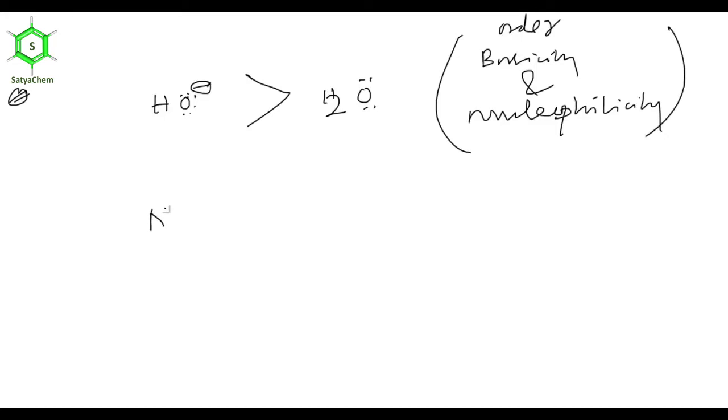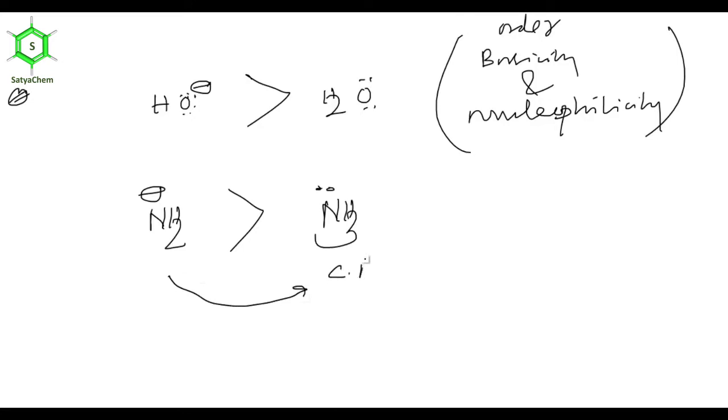In a similar way, NH2 minus is more nucleophilic and more basic than NH3, its corresponding neutral state. I can say NH3 is the conjugate acid of NH2 minus.